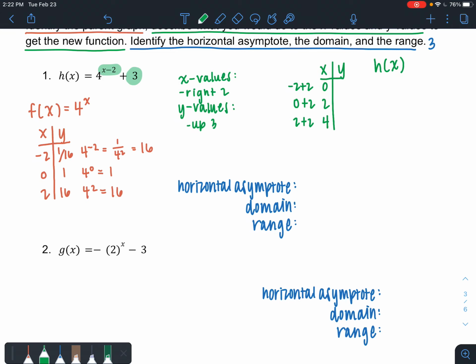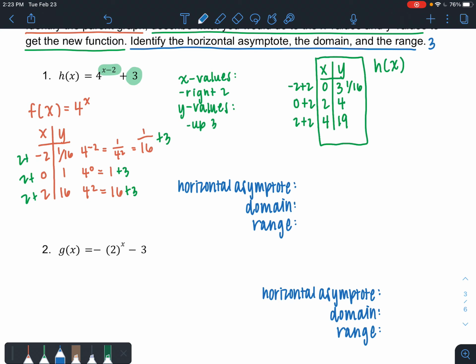Then for these y values, we're going to add 3 to them, so we get 3 and 1/16. 1 plus 3 is 4, and 16 plus 3 is 19. So we're just adding 3 to these values over here. All right, so this is our new table that we can graph our functions.